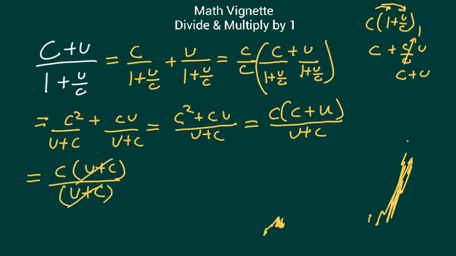This is all 1. U plus c over u plus c is 1. So this simplifies to just c. Take a complicated expression and turn it into a very simple one, all by understanding how to divide and multiply by 1. Hope you enjoyed that. Thanks.